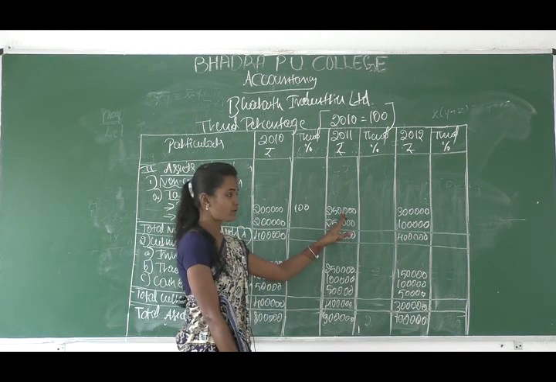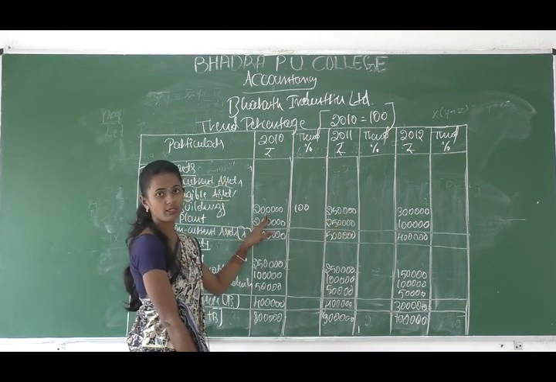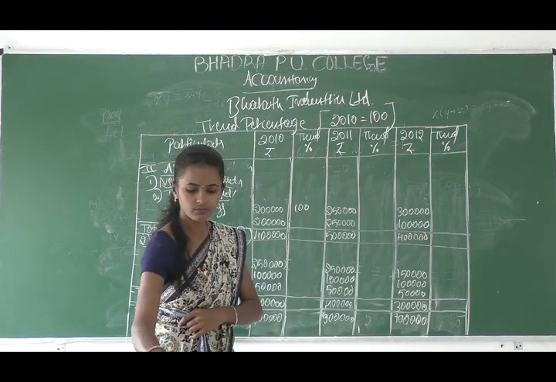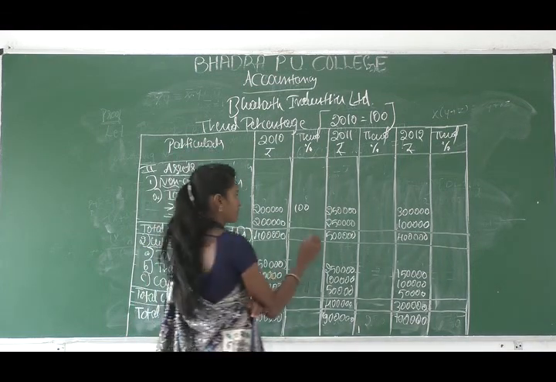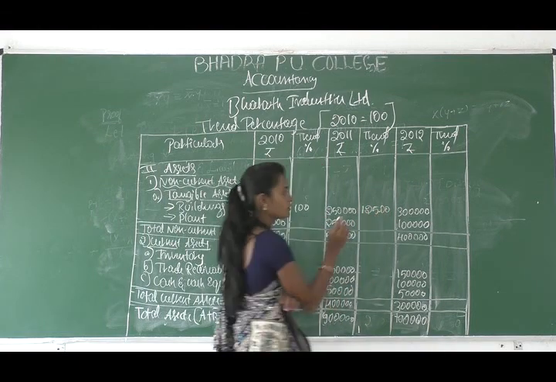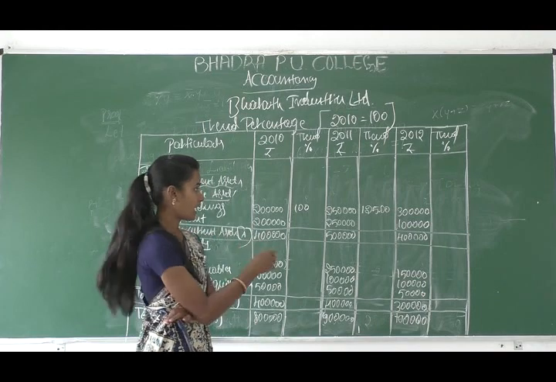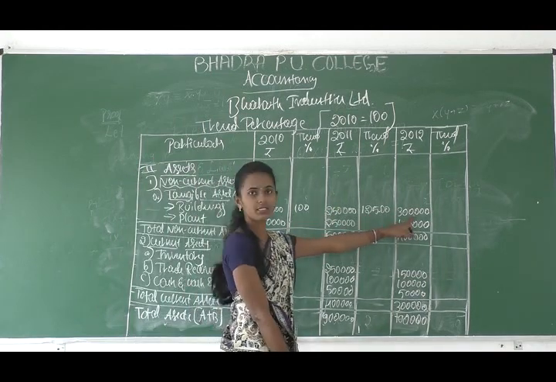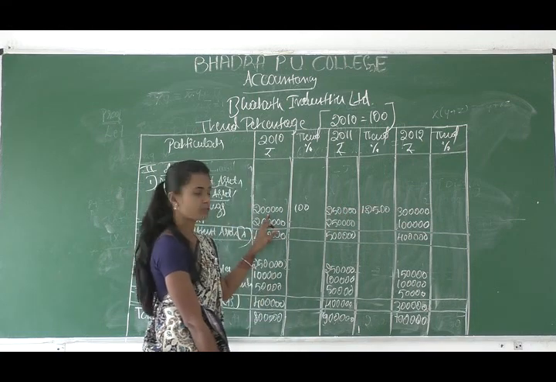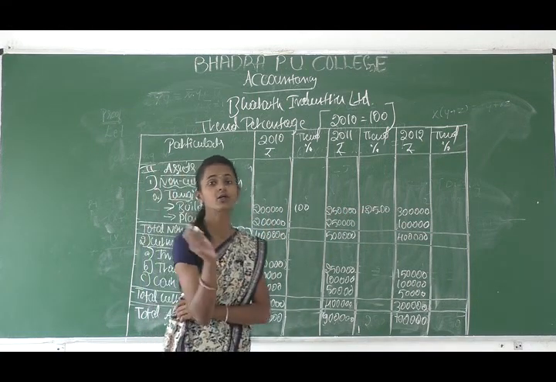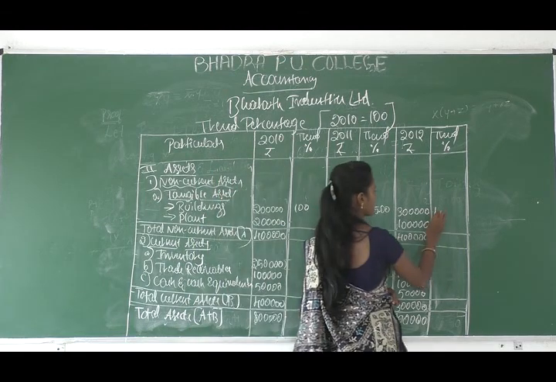So 2,50,000 divided by base year value 2 lakh into 100 gives 125%. Next, in 2012 our building amount is 3 lakh. So 3 lakh divided by base year value 2 lakh into 100 gives 150%.